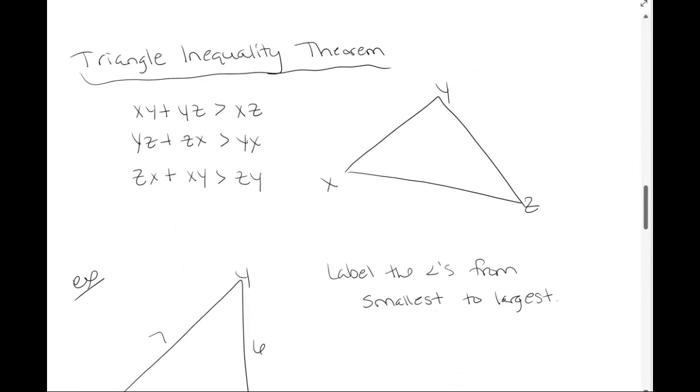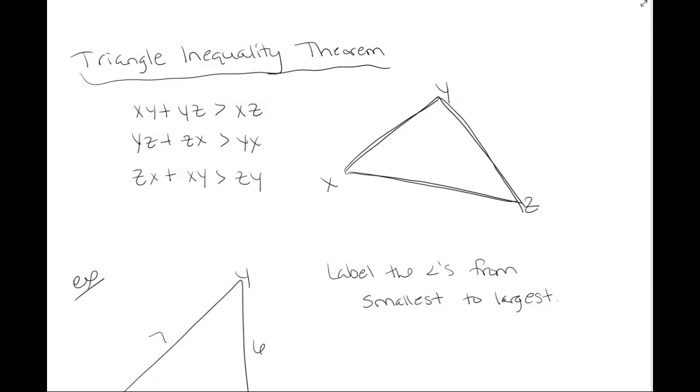And then one final theorem here, the triangle inequality theorem, which simply means the sum of any two sides has got to be greater than the third side. So if I have side XY and I add it to side YZ, then their sum has got to be bigger than this third side. All right, and it's going to be true for all of the sides here.